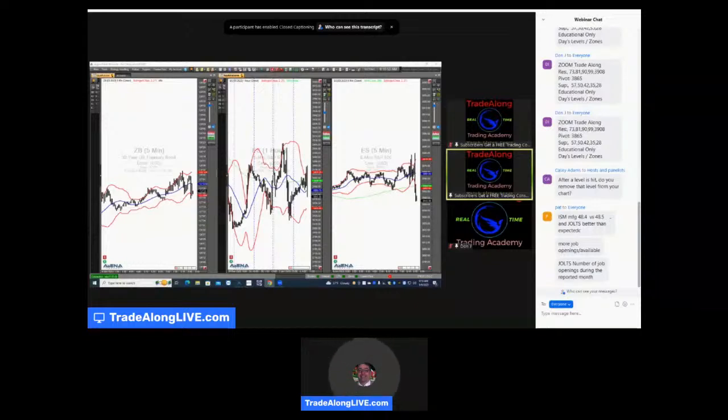So next support level down here is a 35. All right, we're looking at the 35 area next as some support.